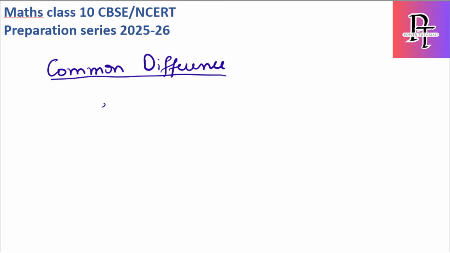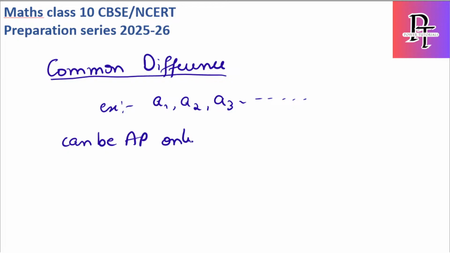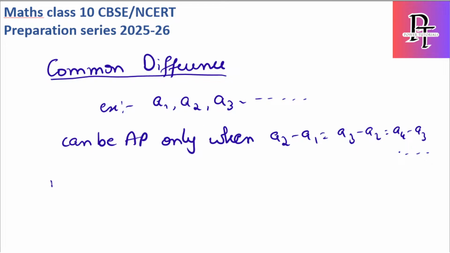For example, we have terms like A1, A2, A3 and so on. Any series can be an AP only when there is a common difference, like A2 minus A1 should be equal to A3 minus A2, which should be equal to A4 minus A3 and so on. That is nothing but the common difference, where the difference between any two consecutive terms should be the same.